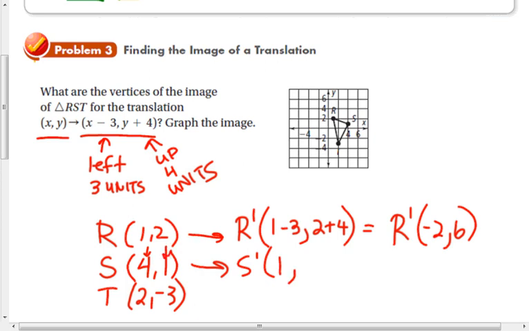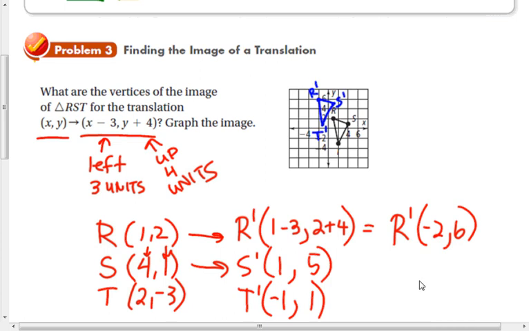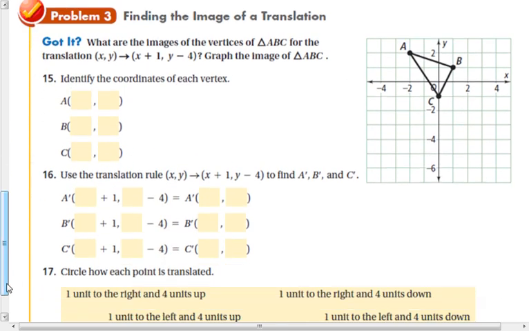And the y coordinate we will add 4 to, so that'll give us 5. And T prime, subtracting 3 from the x coordinate gives us -1, and adding 4 to the y coordinate gives us 1. All right, and if you graph it, it would look like this. All right, you try that.